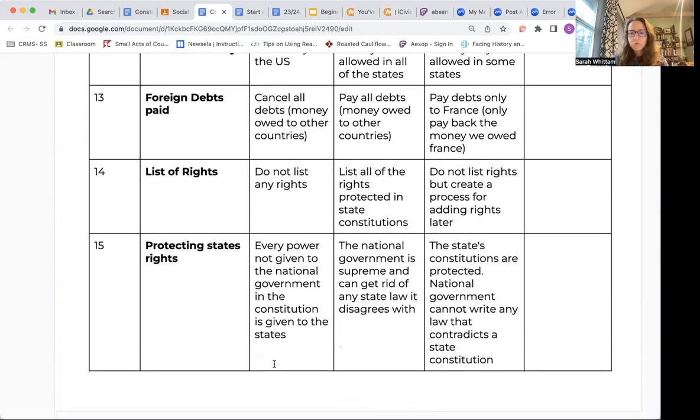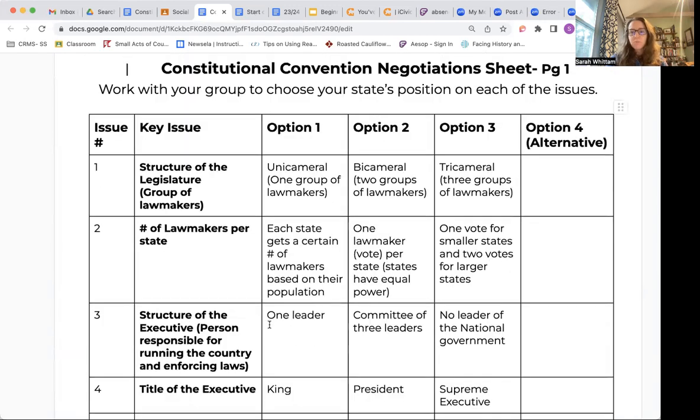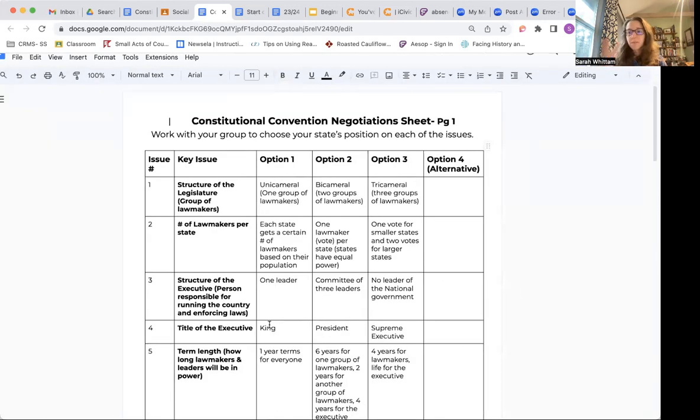Okay, so after your group has gone through and decided your position on all 15 of these, your last step to be ready is to decide which of these issues is most important to you. So pick your top 3 issues that your state cares about the most and put a star next to those 3 issues.